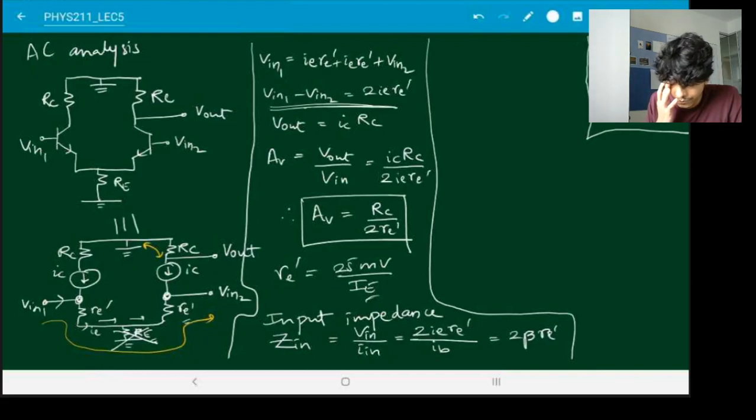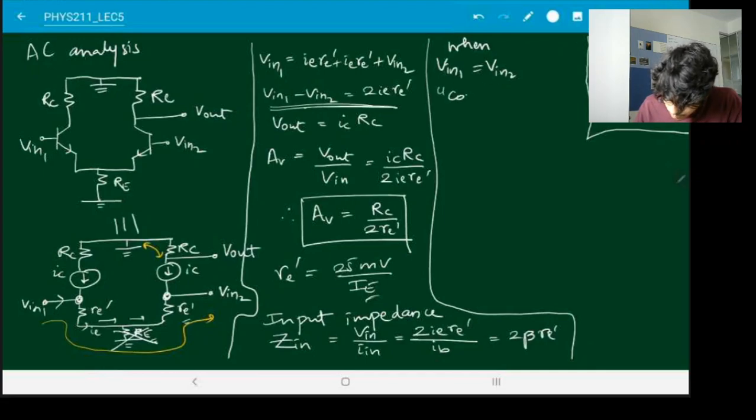And there is a way of quantifying it. What you can do is set V in 1 equal to V in 2. So basically the signal is the same in both. There might be some small background, and then you can see what the gain is in this case. This kind of setting, when V in 1 and V in 2 are the same, is called common mode.